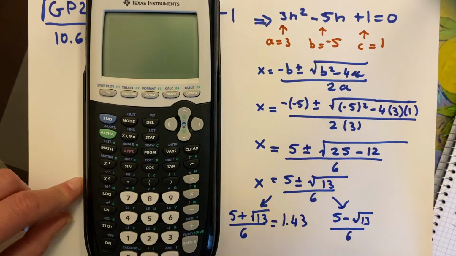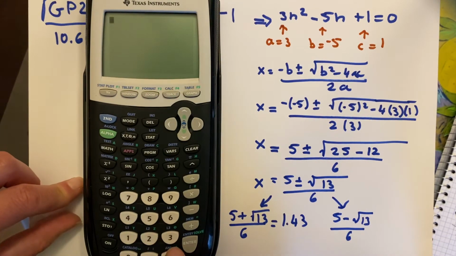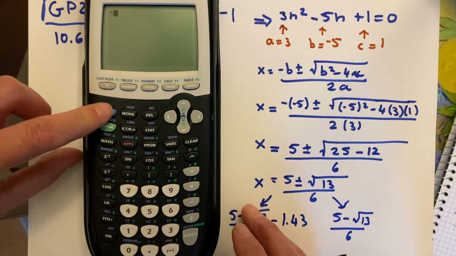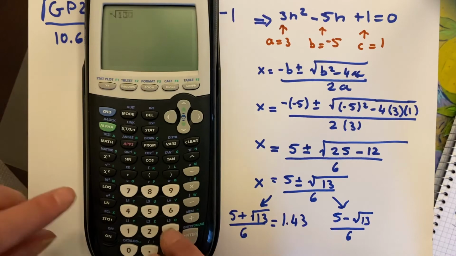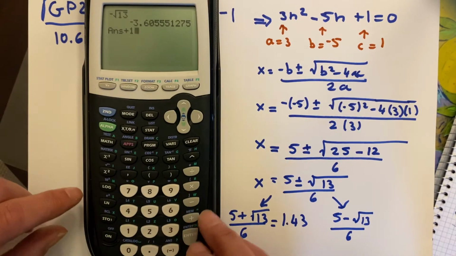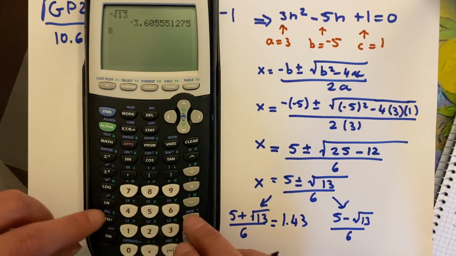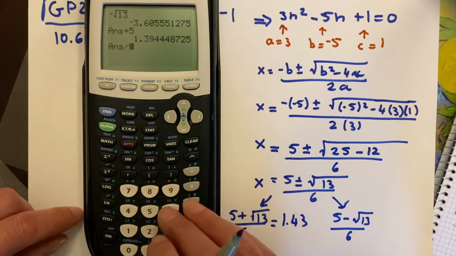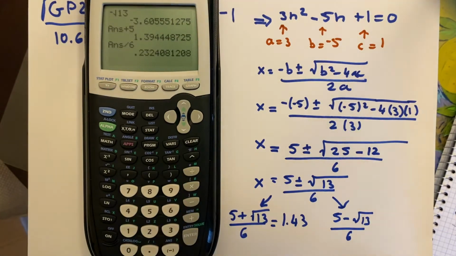I'm going to have a negative square root of 13, so I'm going to start with the negative down here. Just move my calculator. Negative square root of 13 plus, oh, not plus 1, try again, plus 5, divided by 6. I end up with 0.23.